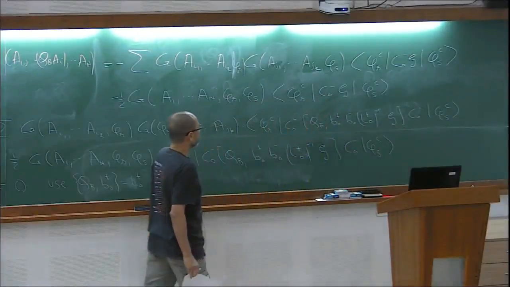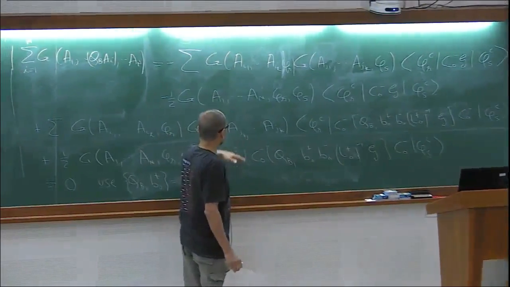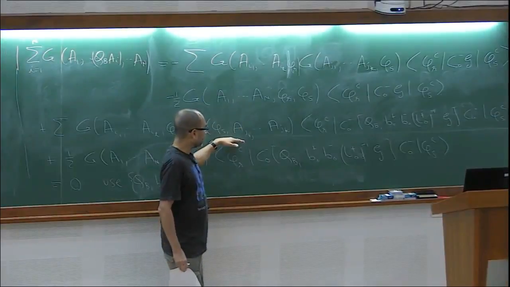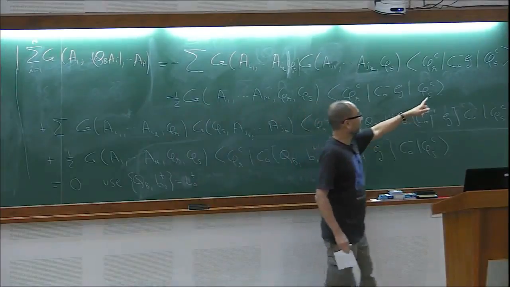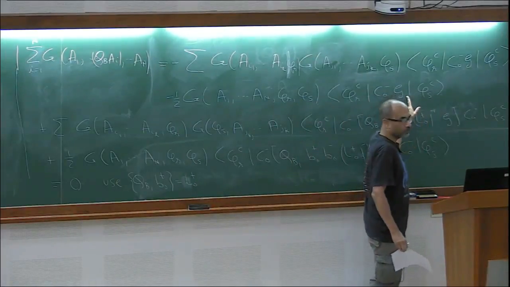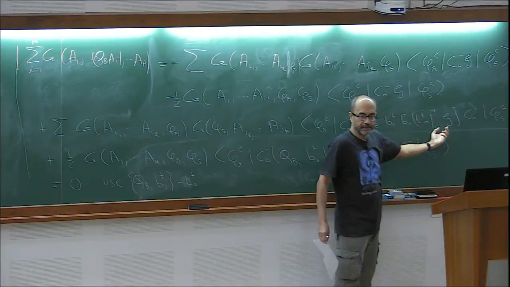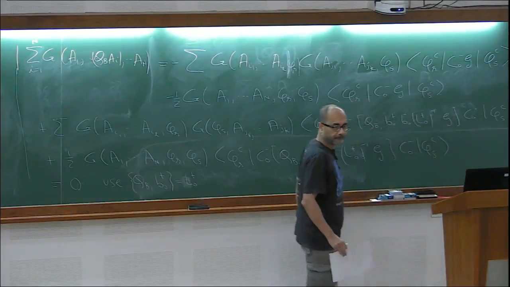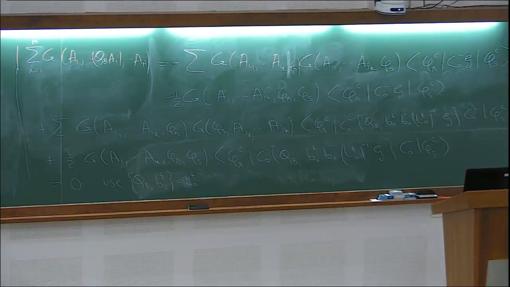So what is the result? Previously the third term cancelled the first term, and the fourth term cancelled the second term. Now the cancellation will be incomplete, and the incompleteness will be represented by inserting a P operator inside these two. Because this is 1 minus, you will have a 1 minus P, so effectively we will insert a P. Sorry, this is QB. I made a mistake. QB hat will come tomorrow.